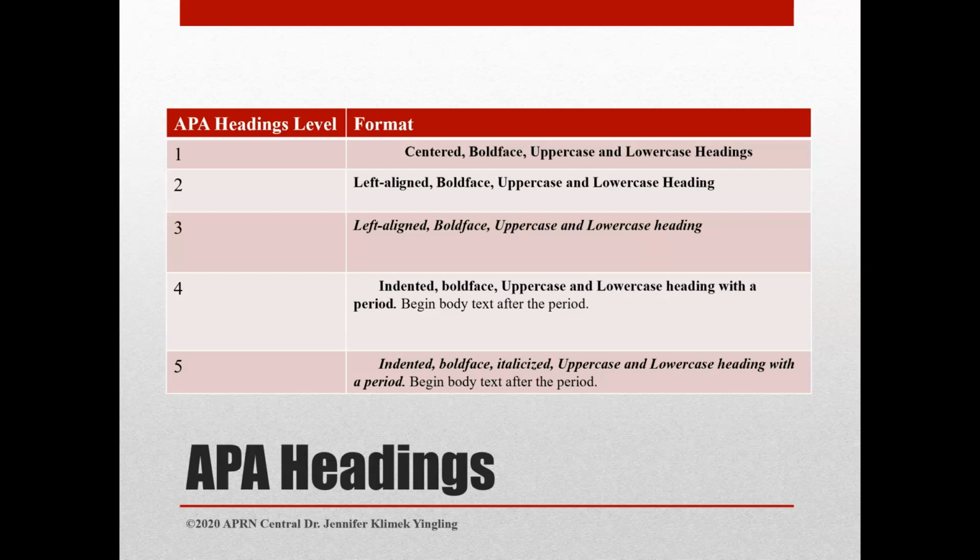A level 4 is indented, bold-faced, upper and lowercase heading with a period, and you begin the body of the text right after that period, after 1 space. Level 5 heading will be indented, bold-faced, italicized, upper and lowercase, and that will also conclude with a period, space, and then you're going to begin the body of the text after the period.